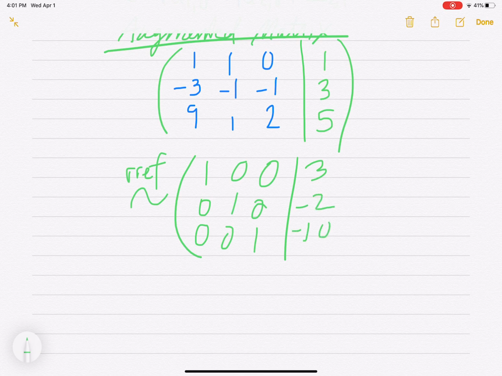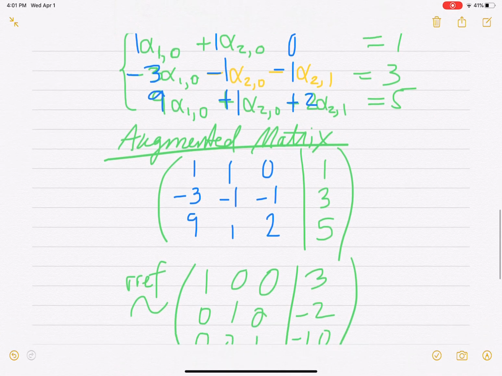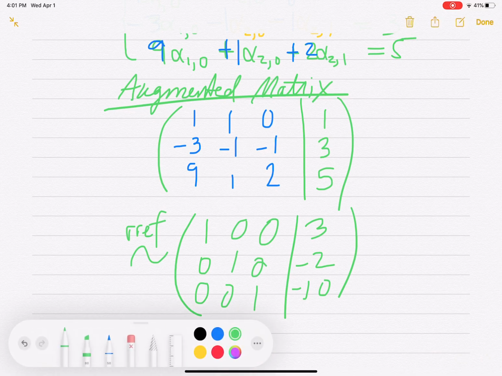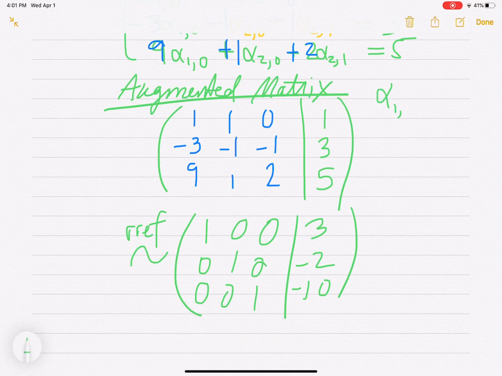Sorry, negative 10, I said it wrong. So alpha 1,0 is 3, alpha 2,0 is negative 2, and alpha 2,1 is going to be negative 10.